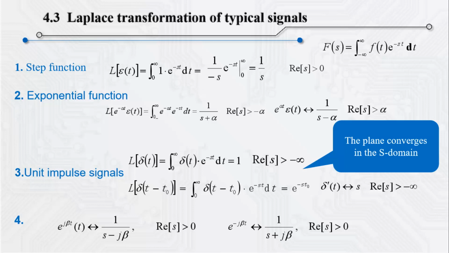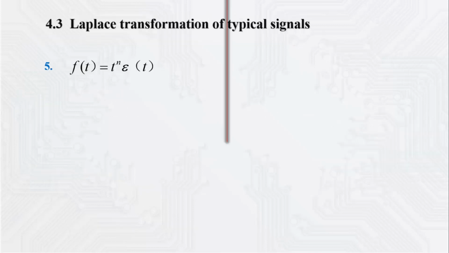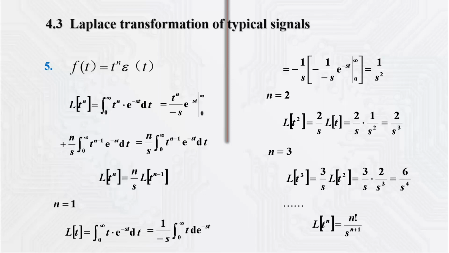Let's take a look at the Laplace transformation of t to the power of n times epsilon t. Substitute t to the power of n into the unilateral Laplace transformation formula.